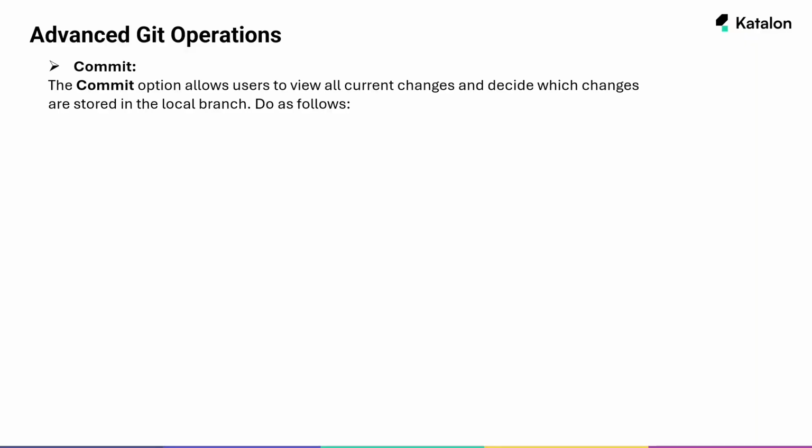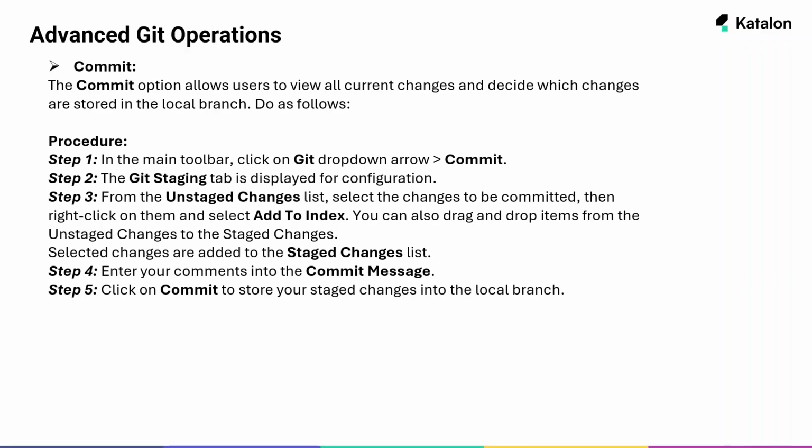The commit option allows the user to view all current changes and decide which changes are stored in the local branch. To perform commit operations, we need to follow the below steps. Step 1. In the main toolbar, click on the Git drop-down arrow and select commit. The Git staging tab is displayed for configuration.